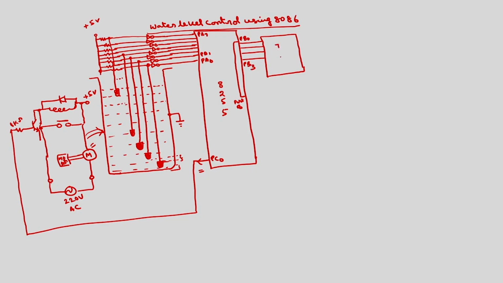This is 7447, which we have discussed in earlier classes, BCD to 7 segment decoder. The 7 segments will be connected to each segment of the 7 segment decoder, of course through resistors.